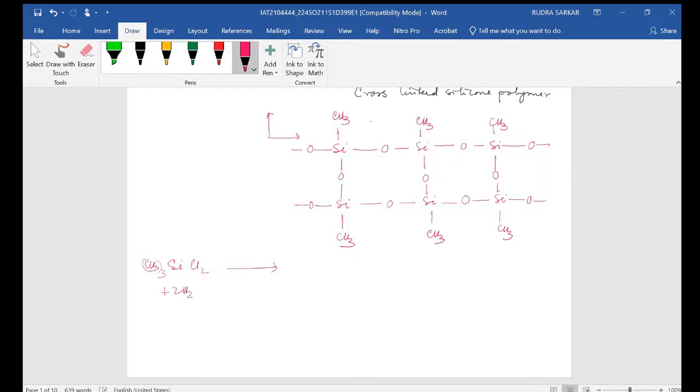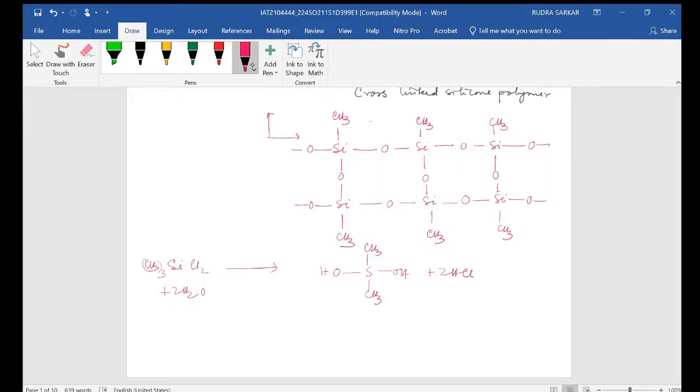If that is reacting with two molecules of water, then it will be forming basically CH3 and two such OH groups. Well, it's better to write it in this way. This is your OH and that is your CH3, and two molecules of HCl.